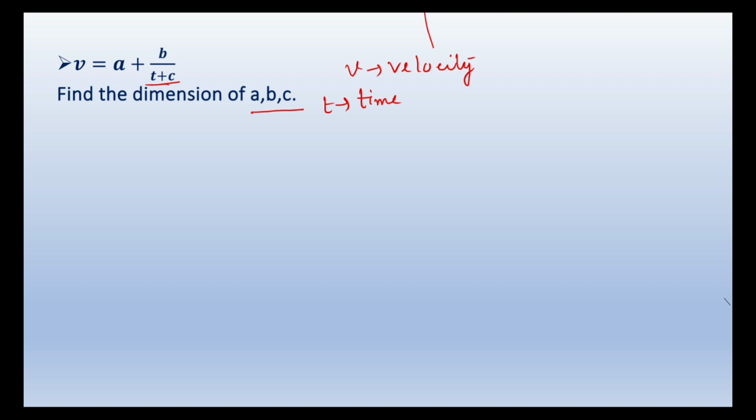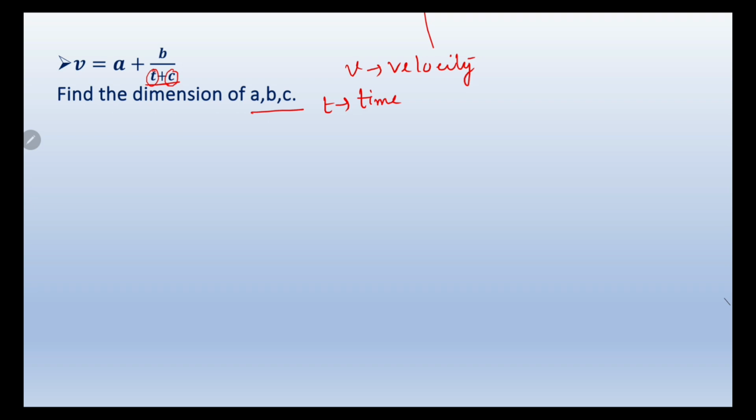We can add t plus c only if the dimensions of both are the same, so we conclude that the dimension of t should be equal to the dimension of c.